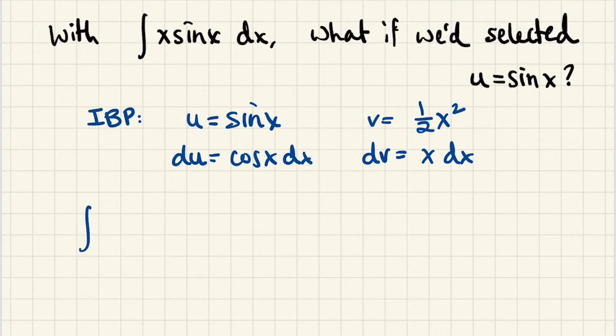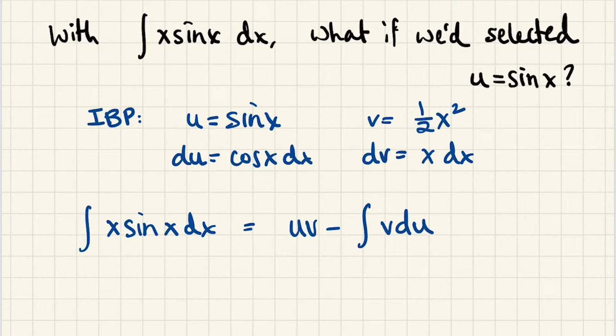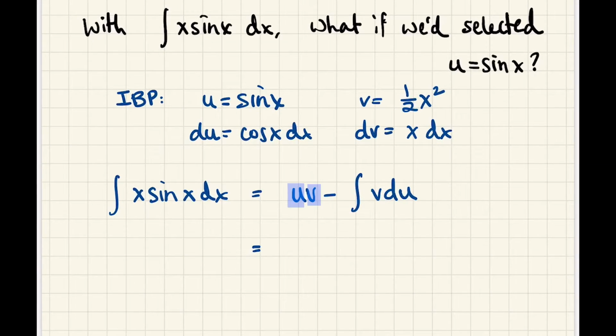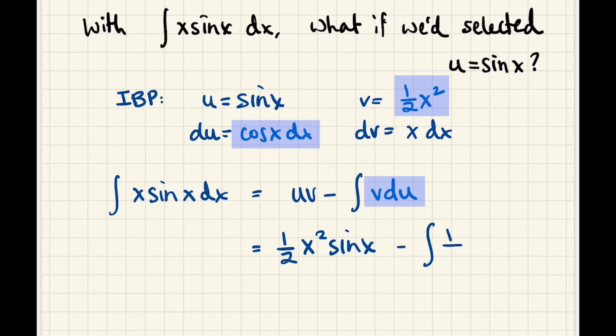And so where does that leave us in the problem? Well, here's the original. And we know this unwraps to ultraviolet voodoo, uv minus the integral of v du. So let's put these pieces together. u times v is 1/2 x squared sine of x minus the integral of v du, so that would be 1/2 x squared cosine x dx.